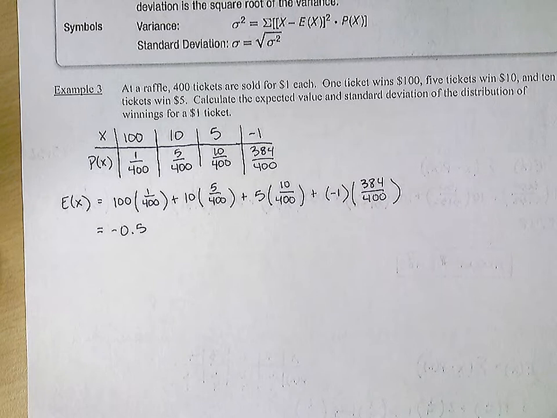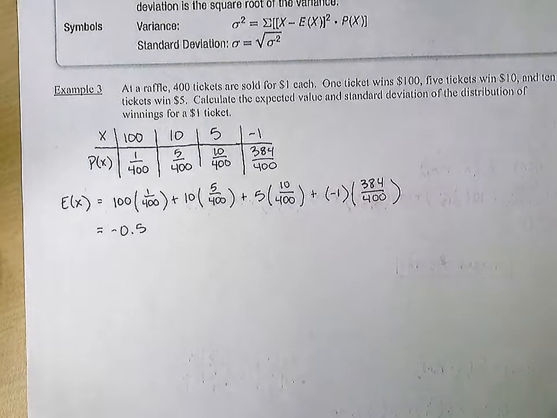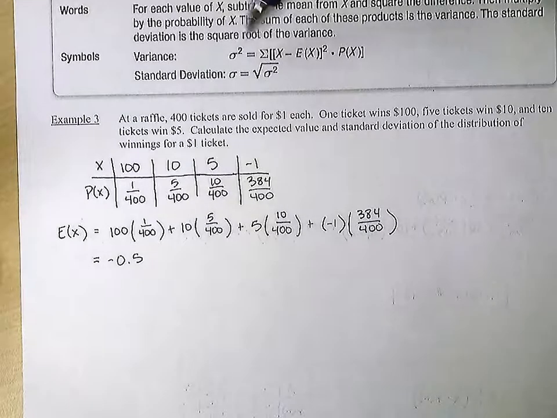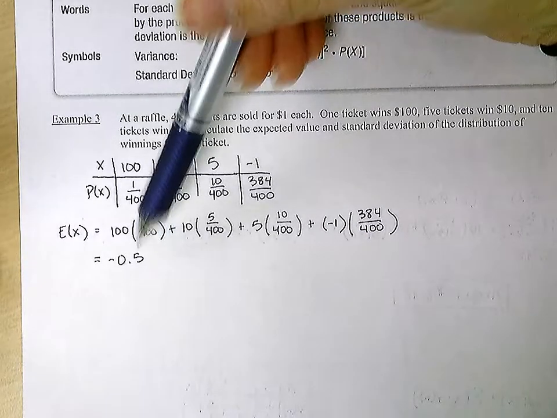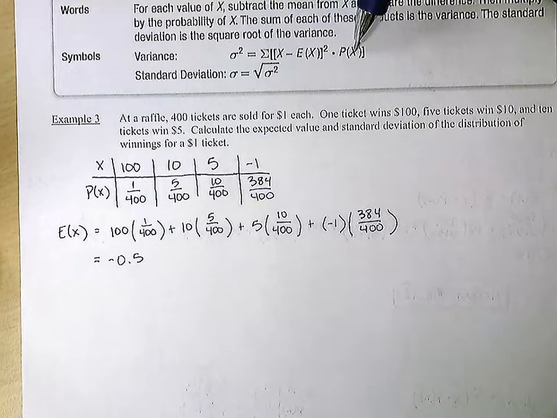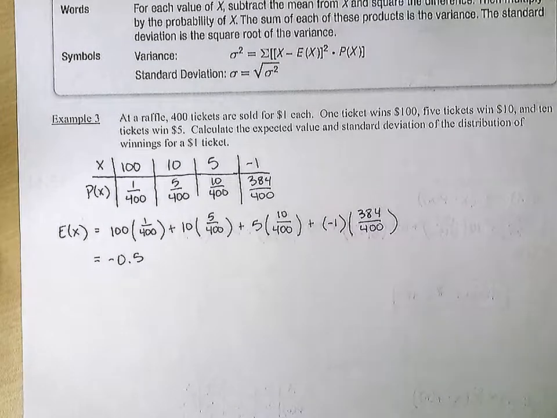Okay, now to calculate the standard deviation, first we have to calculate the variance. That's this one up here. Again, we have this symbol here that means sum. We need to take our x value, subtract our expected value, which we just found, square it, and then multiply by the probability of that x value.